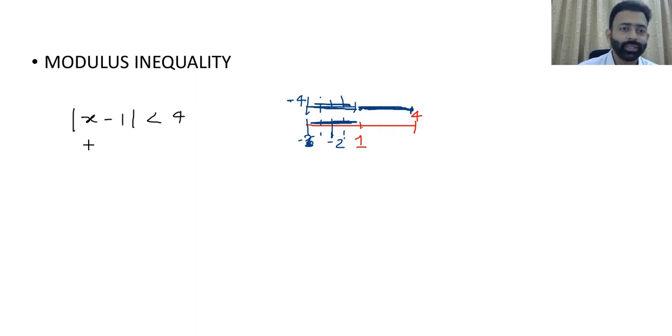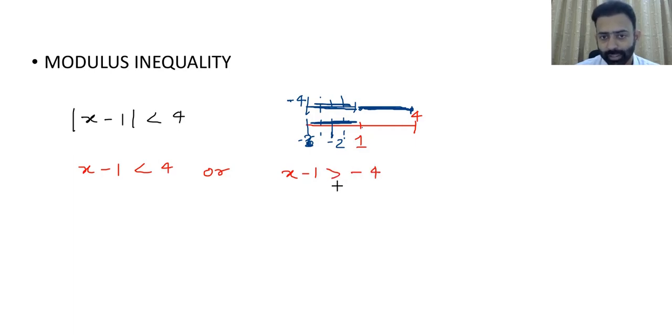How will I open this? If I'm moving towards right, then x minus 1 must be less than 4. Simple. Or if I'm moving towards left, then this x minus 1 should be greater than -4. And that is the thing which confuses most of the students, that it is greater than -4, because all these distances will be greater than -4.